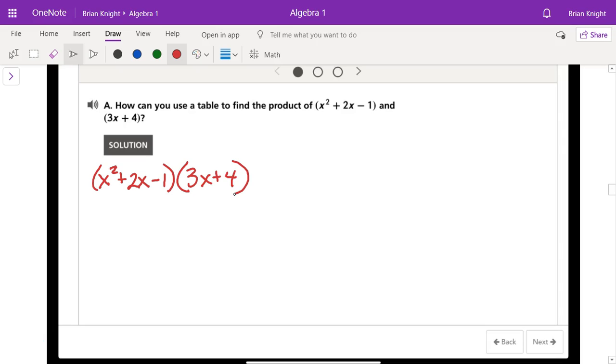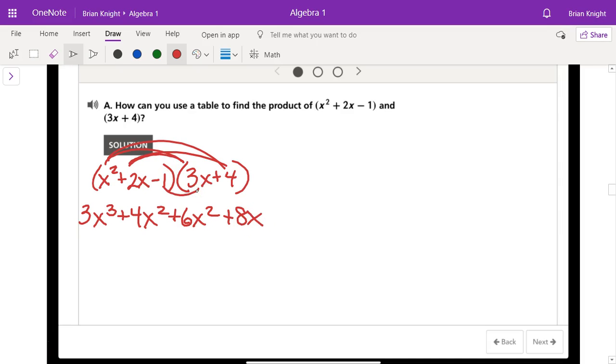All right? So, x squared times 3x. 3x to the third. x squared times 4. 4x squared. Takes care of my x squared. Now I go to the 2x. 2x times 3x. 6x squared. 2x times 4. 8x.